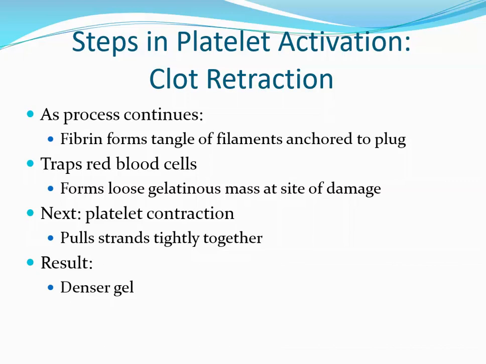We need to make it thicker and stronger. So the next thing we see happening is that the platelets will contract. Since the fibrin is attached to the platelet, as they contract, they pull on these strands, making them very tight and condensing that gel. As a result, this will squeeze out a lot of the plasma and liquid, resulting in a very dense gel.